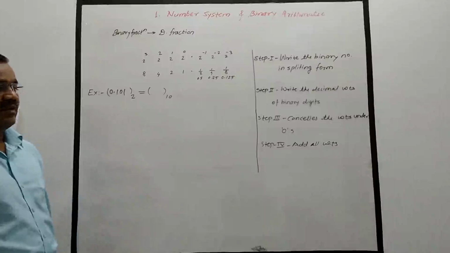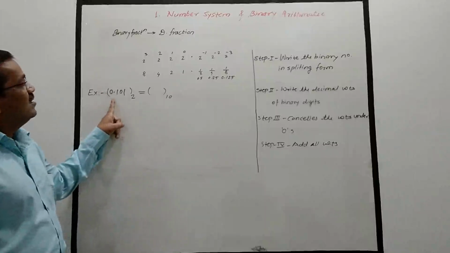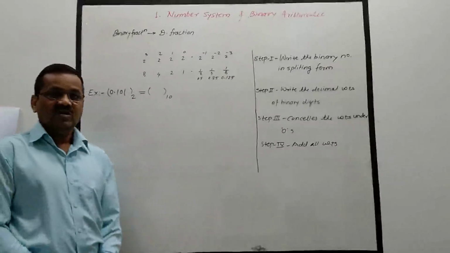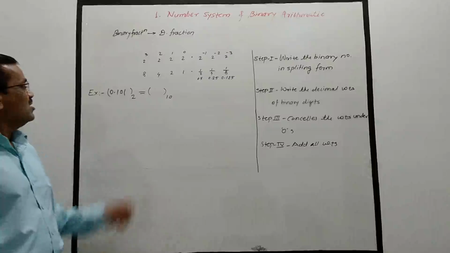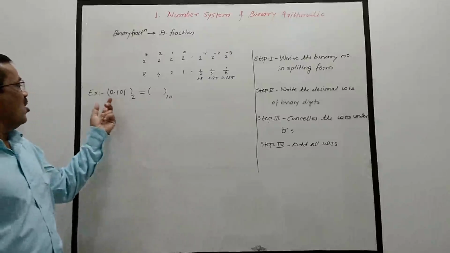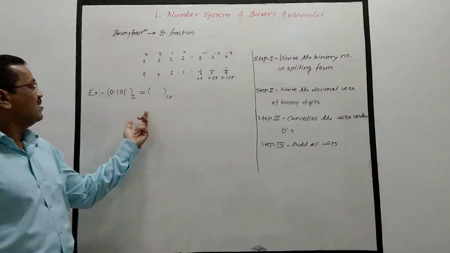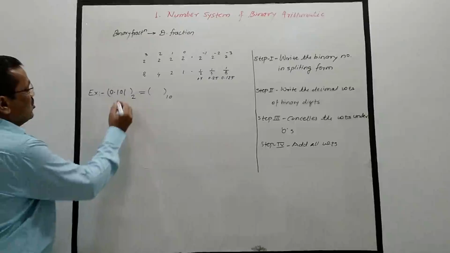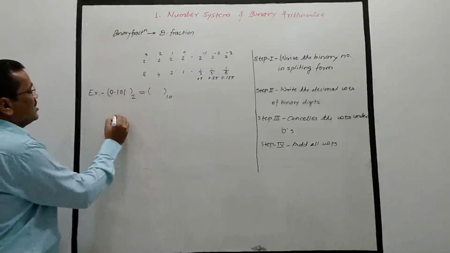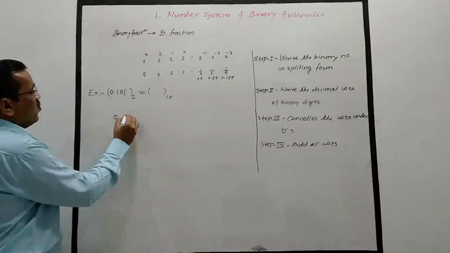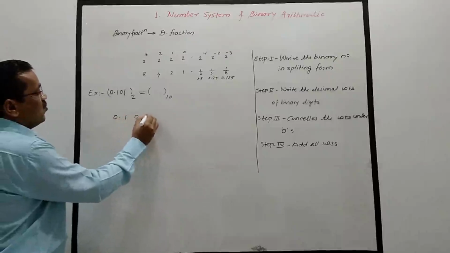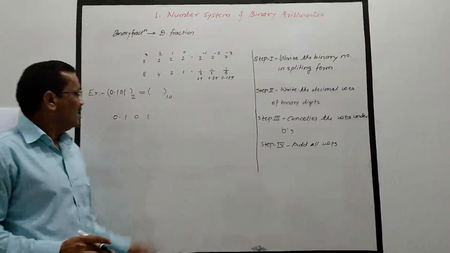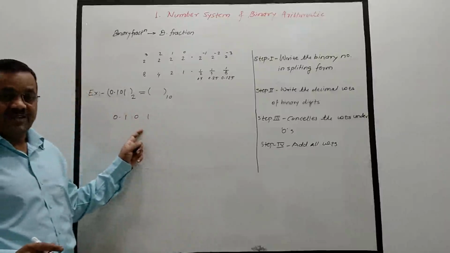Step number 1. Write the binary number in splitting form. Splitting form means all the bits are written apart from each other. So the given number is 0.101. This binary number is written in splitting form like this.